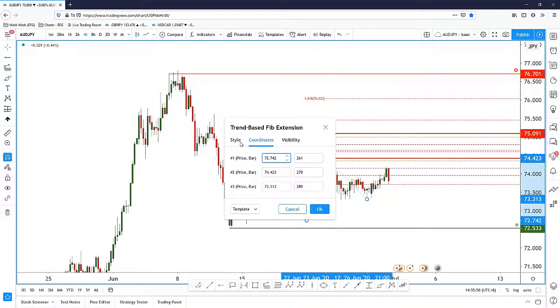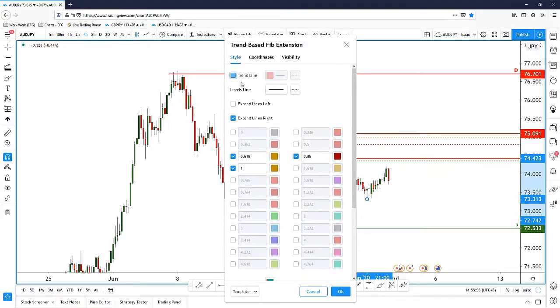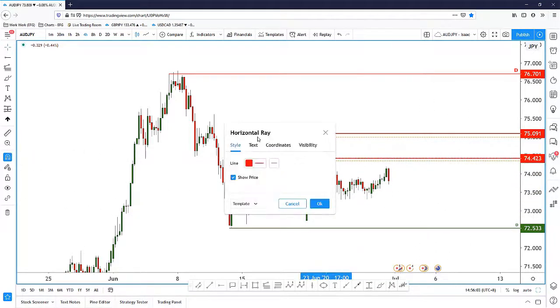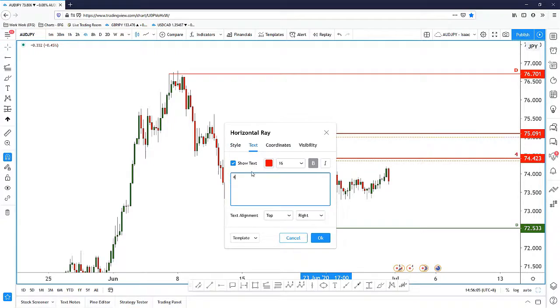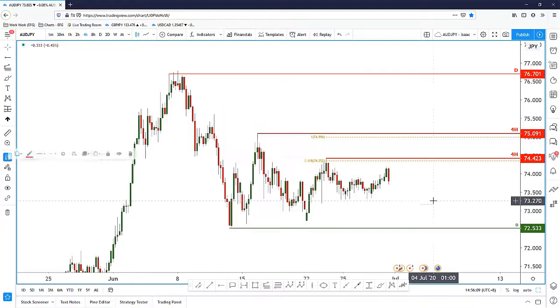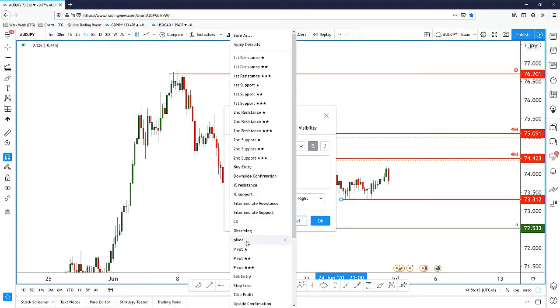All right, so let me just highlight the 61.8 and the 100% key Fibonacci extension levels. And at the same time, this is our 4-hour resistances. And what I see is that there is a support down here for our support.